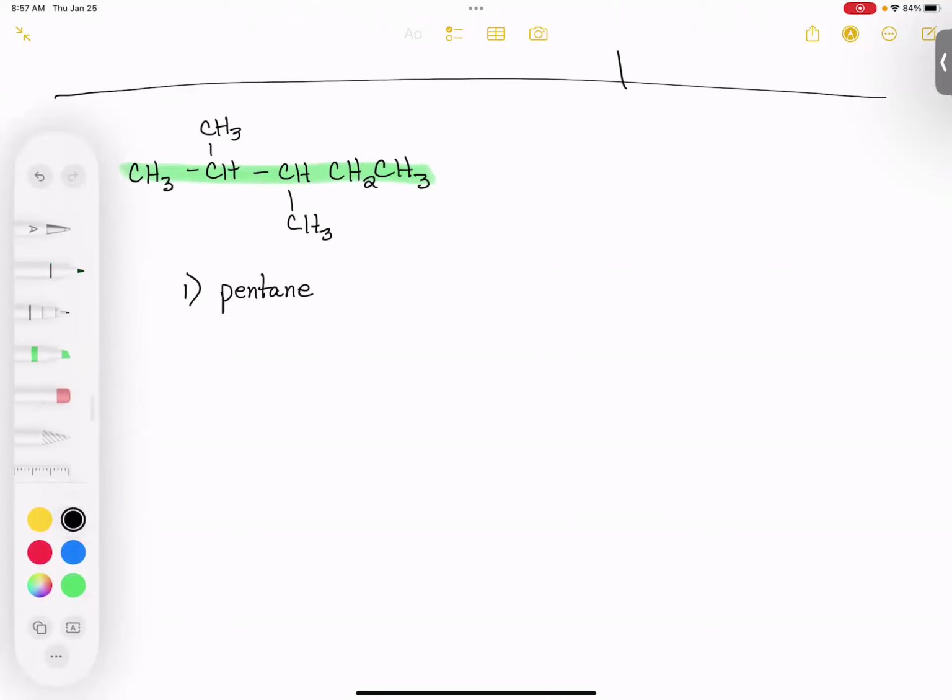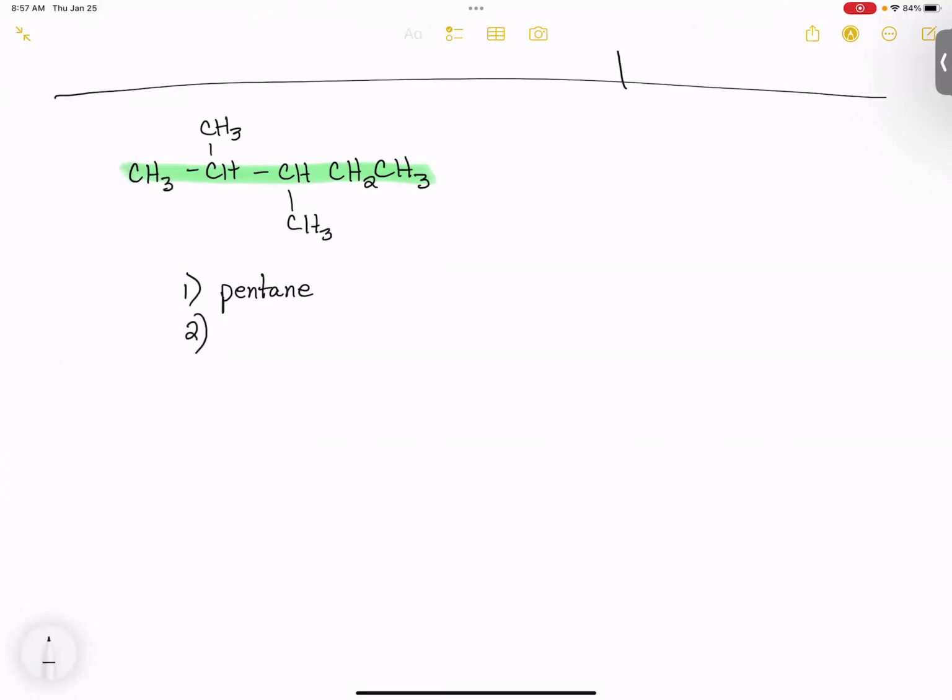Who wants to tell me where I should start numbering? Left side or right side? Why do I start numbering on the left side? Because it's the closest to the substituent. So I'm going to have a substituent on number 2, and a substituent on number 3.